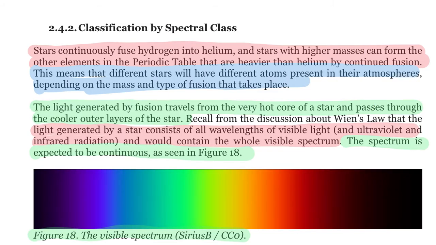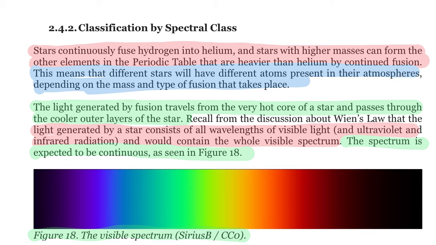So let's consider classification by spectral class. Stars continuously fuse hydrogen into helium, and stars with higher masses can form the other elements in the periodic table that are heavier than helium by continued fusion. So, for instance, we've seen in heavier mass stars that the CNO cycle dominates, where carbon, nitrogen and oxygen play an integral role in the fusion of matter.